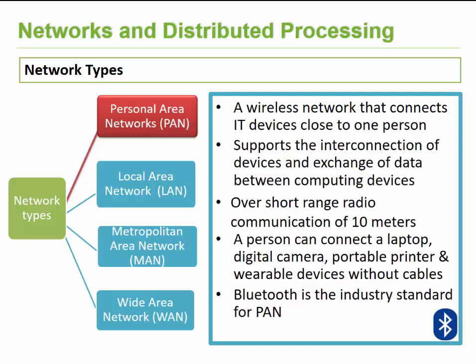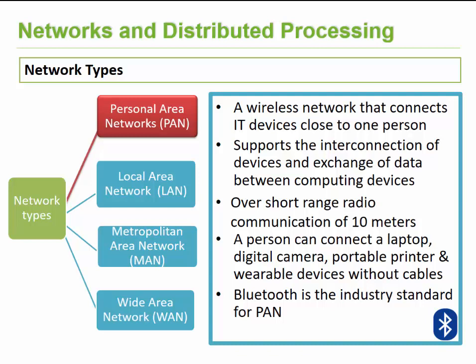So if we look at a personal area network, that's typically a network that you would find around an individual or in a very closed environment. So let's say, for example, you want to share files on your cell phone with people around you. You can use a communications technology such as Bluetooth, and you open the connection and they will connect to your device and you will share information with them.